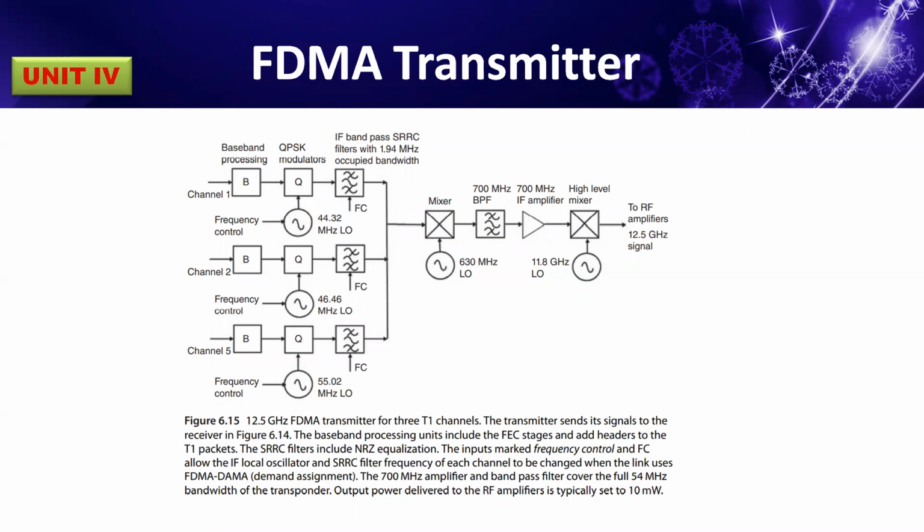When channel 1, channel 2, channel 3 are configured for transmitting the signal, all the signals are applied to the baseband processing unit, where the signal is processed. Later the baseband processed signal is applied to the quadrature phase shift keying, QPSK modulator.